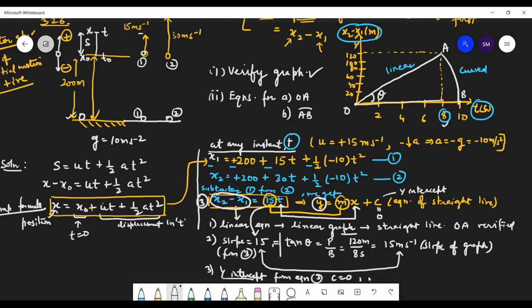It means the graph passes through the origin, that's 0, 0. That's again verified with the graph.